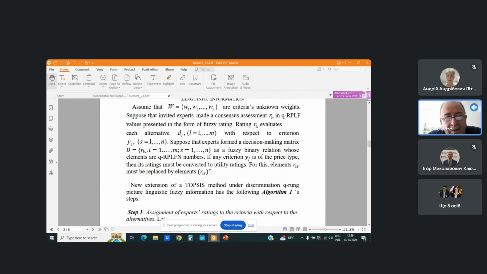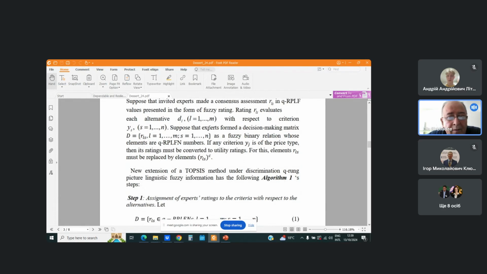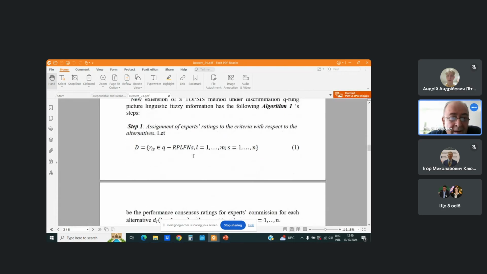So experts agree on some ratings, and this is the decision-making matrix denoted by D. So the algorithm itself is next.